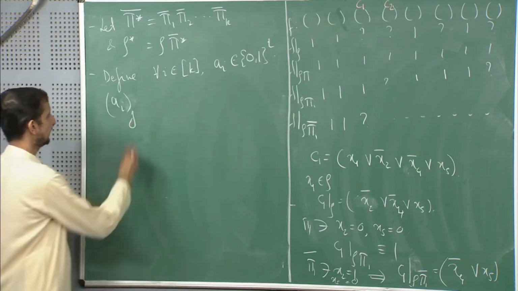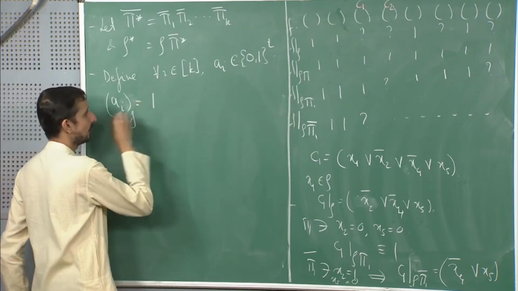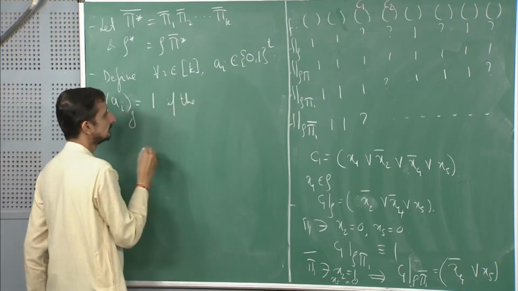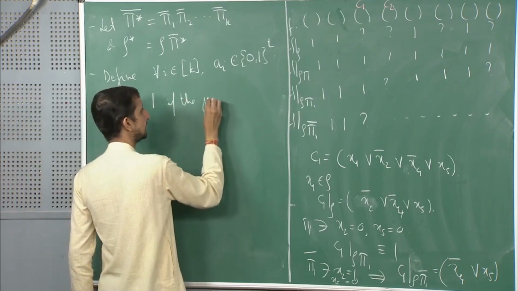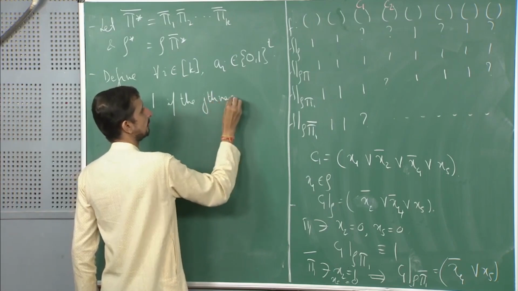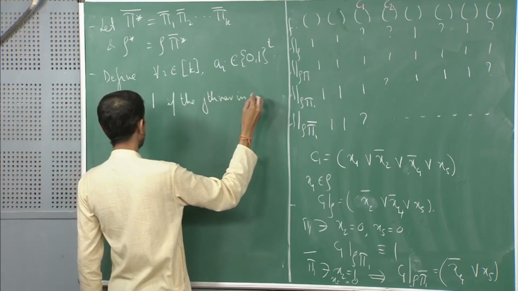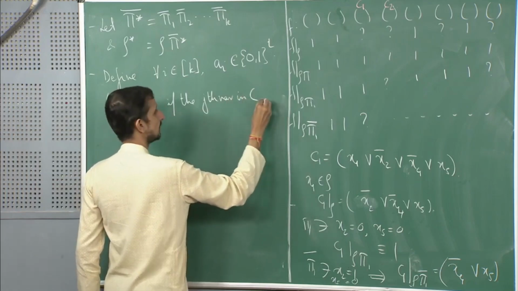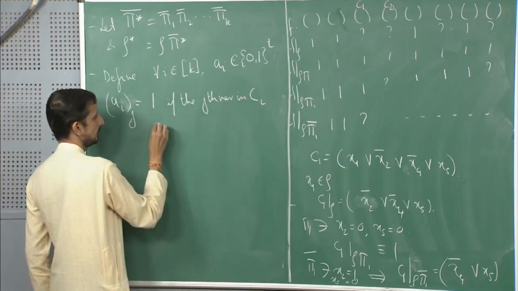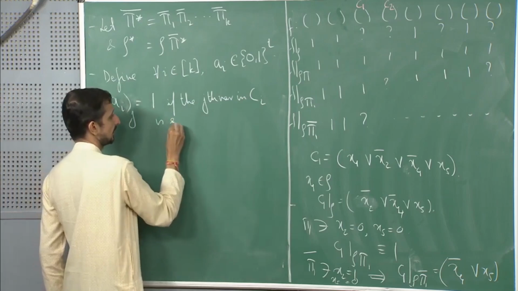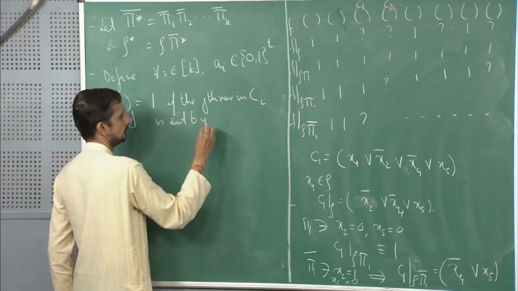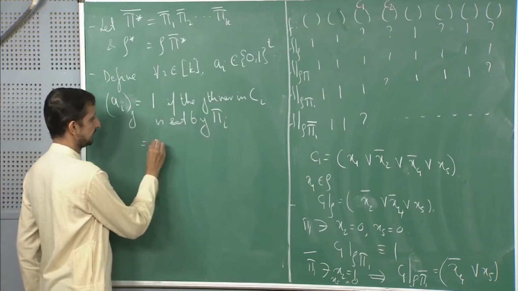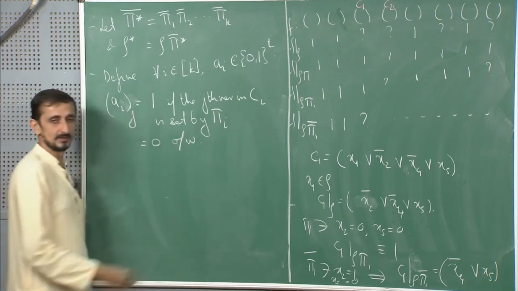The jth bit of a_i, a_i(j), will be equal to 1 if the jth variable in C_i is set by pi i, and it is equal to 0 otherwise.